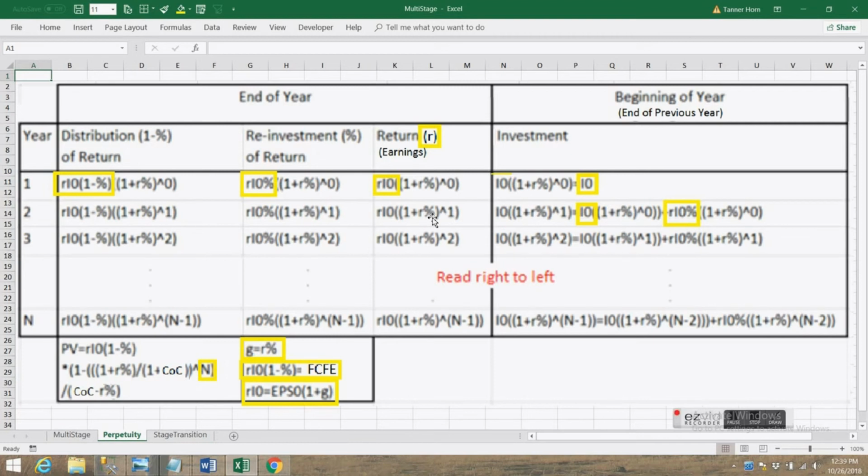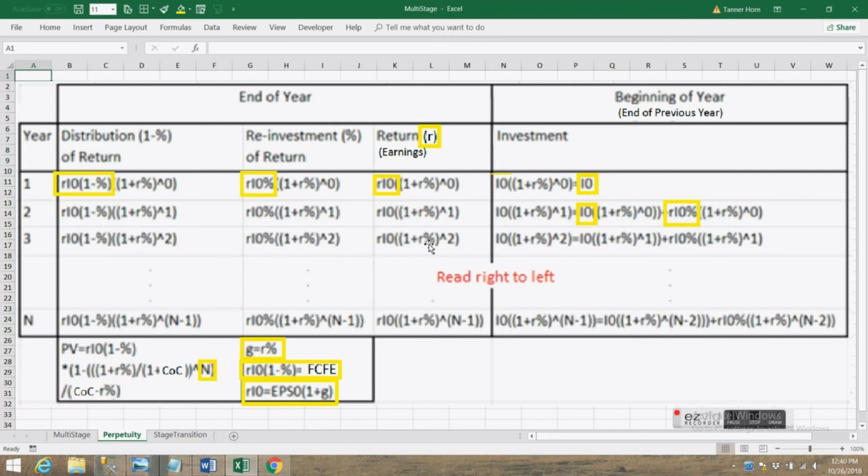Particularly in the previous year, you had earnings, and then management reinvested a certain portion of it back into the company, resulting in an even larger beginning-of-year investment. The year-over-year growth of beginning-of-year investment is equal to the growth from the previous stage. So when you calculate the earnings in the first year of the new stage, you're applying a new rate of return times cumulative investment that includes the growth from the preceding year.